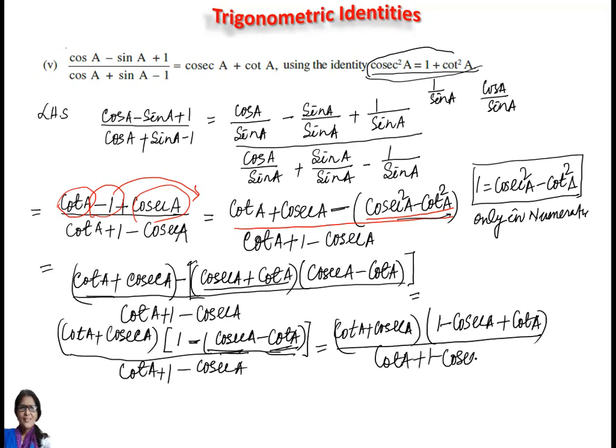Cosec is negative, cot is positive, 1 is positive. So these two terms will be cancelled. So what you are getting? You are getting cot A plus cosec A. So which is in your right hand side. So hence proved.